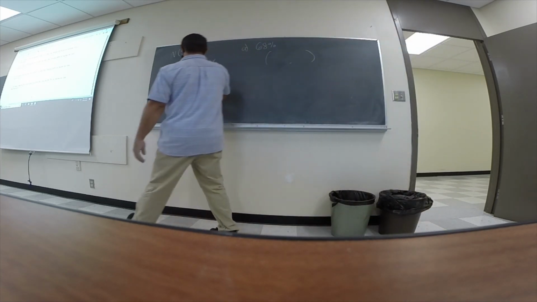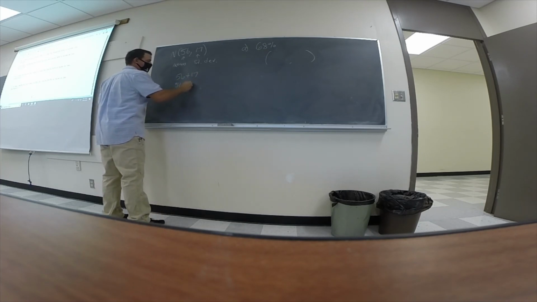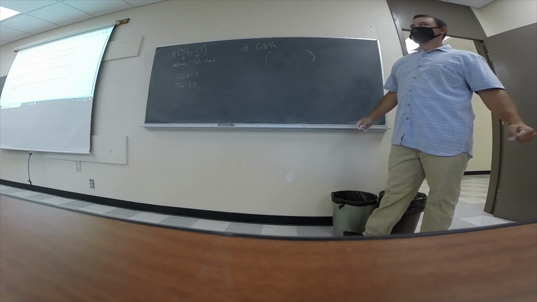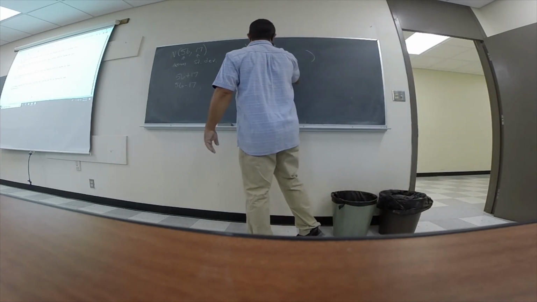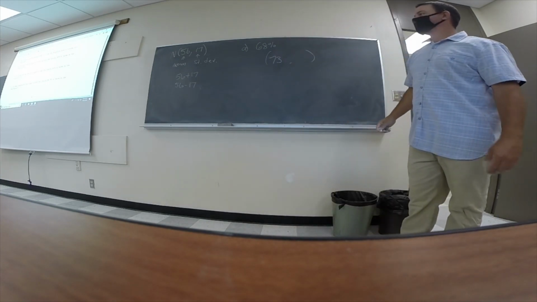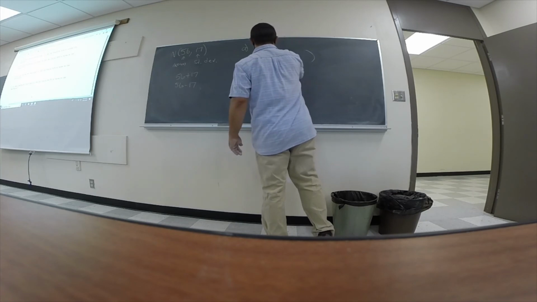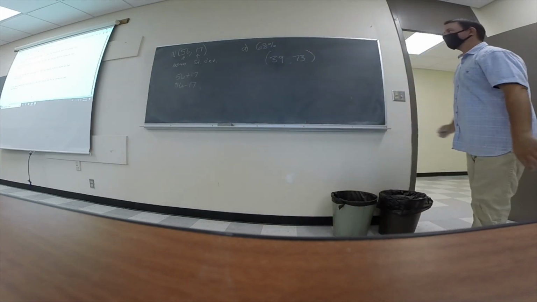So I need to do 56 plus 17 and 56 minus 17. 56 plus 17 is 73. And 56 minus 17 is 39. Always write the lower one first.